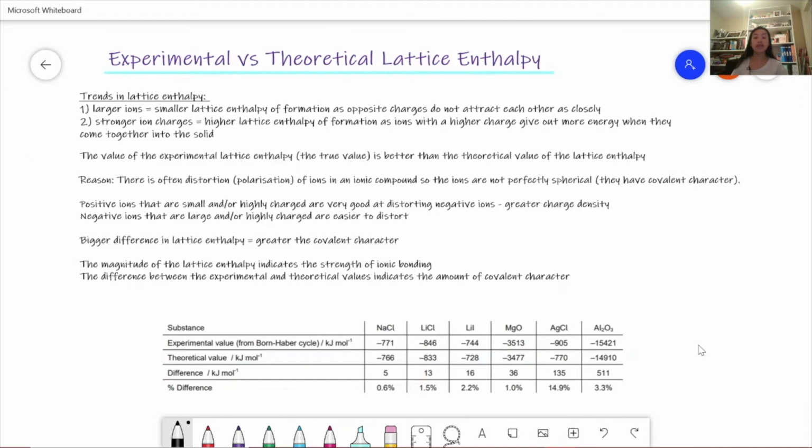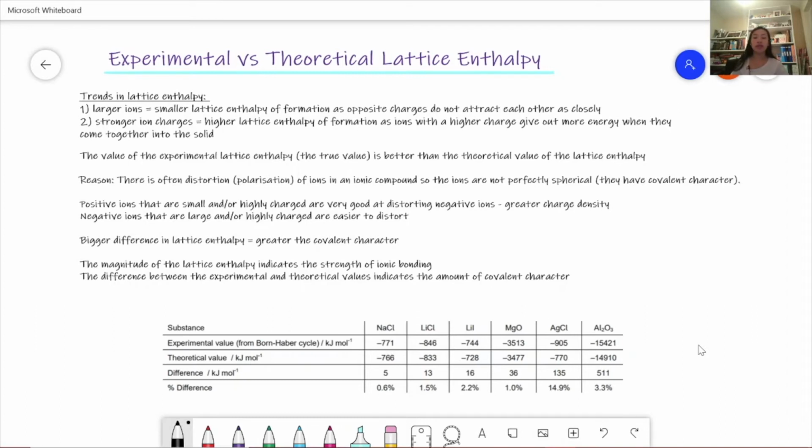The theoretical value of the lattice enthalpy is calculated using an equation, but it assumes the perfect ionic model. And so the reason why it's not very accurate is because there is often distortion. So that's another word for polarization of ions in an ionic compound. So the ions are not perfectly spherical like they are assumed to be in the perfect ionic model. And we say that they have covalent character.